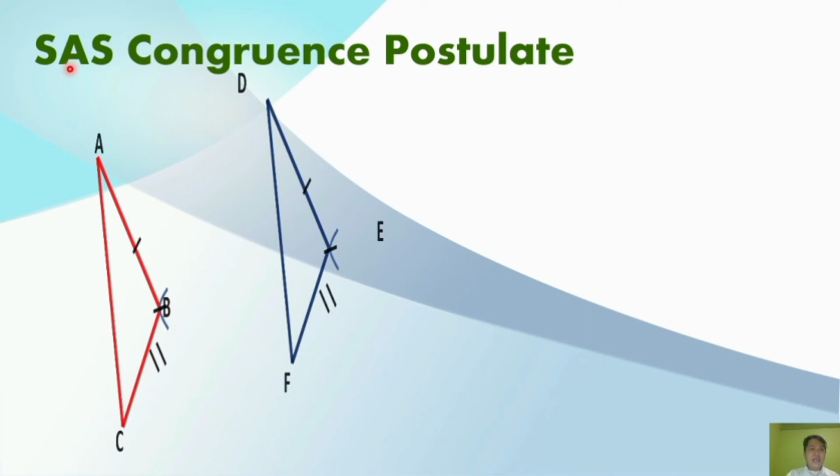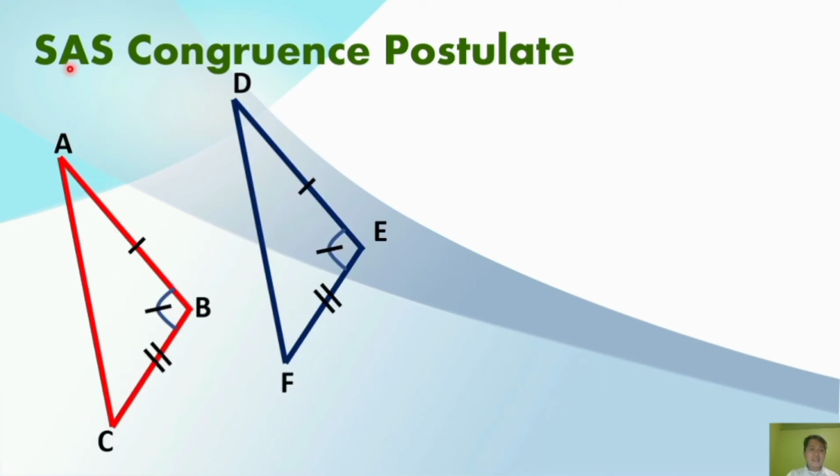Suppose we have triangle ABC and triangle DEF. As we can see, there are three corresponding parts of the two triangles that have tick marks, meaning there are three pairs of corresponding parts that are marked congruent.